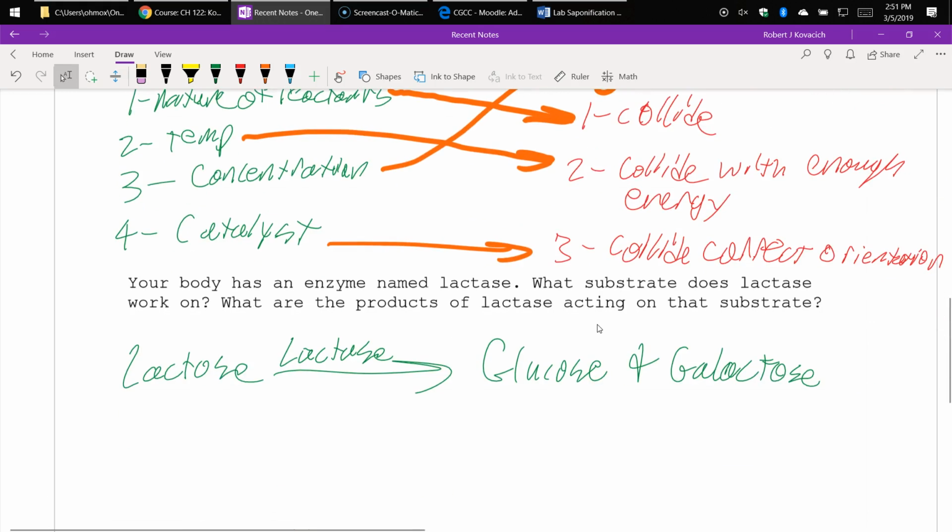So what does this have to do with somebody being intolerant to lactose? If they're missing this lactase enzyme, then the lactose goes through their body. It doesn't decompose into glucose and galactose. So what does it decompose into?